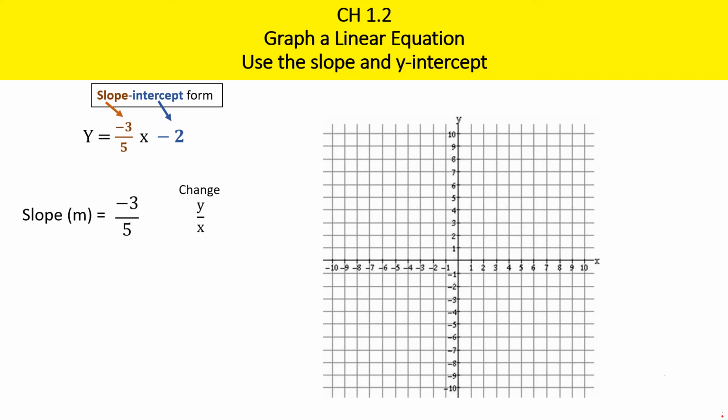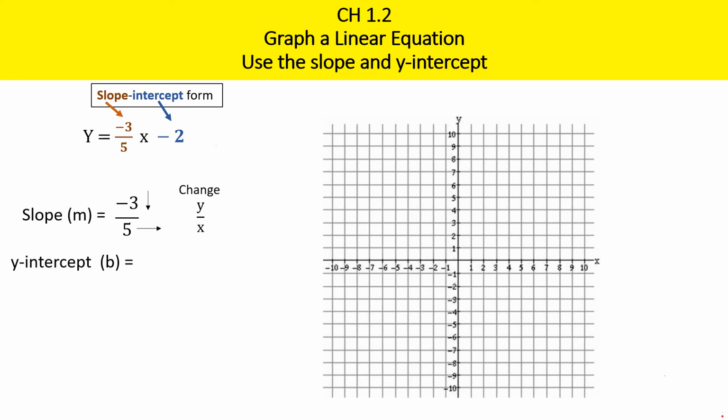The negative tells us that we're going to move down in the y direction, 3 places. The 5 relates to the difference in the x values, and that's positive. So we're going to move along the x-axis positive to the right 5 places.